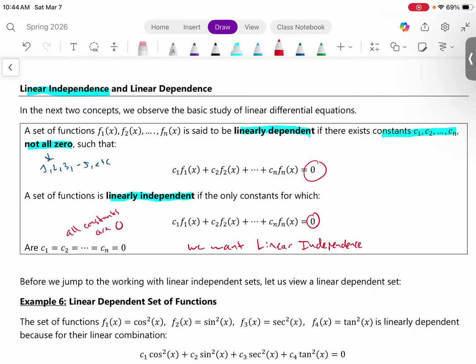So we're going to need these linearly independent sets of solutions, but let's work our way through the definitions before we get going on this building block. Let's go over what a linearly dependent set would look like. So here's example 6, a linearly dependent set of functions.